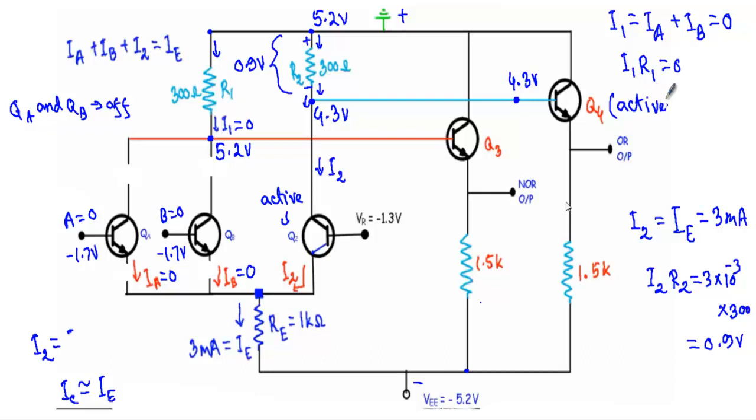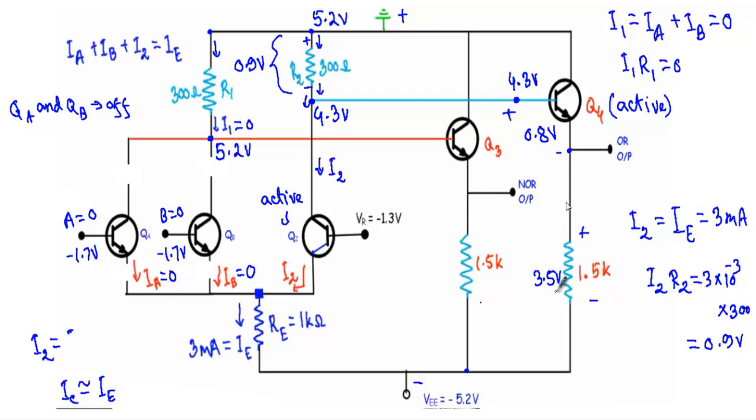So when the transistor Q4 will be in active region, its base to emitter junction drop will be 0.8 volt, and the rest of the 3.5 volt will be absorbed by the 1.5 kilo ohm resistor with this terminal positive and this terminal negative.